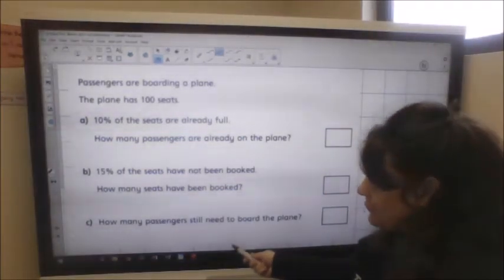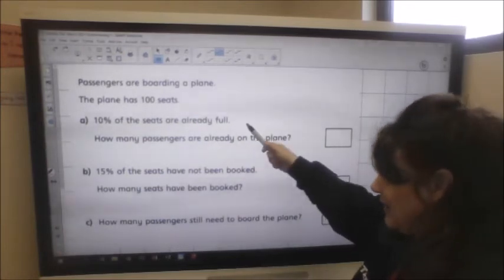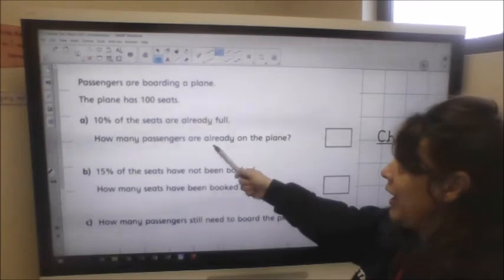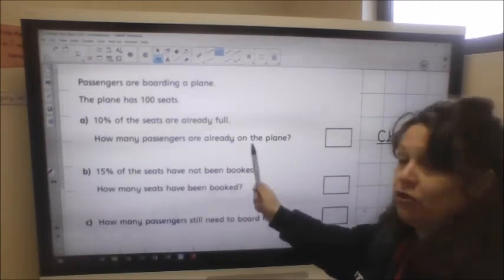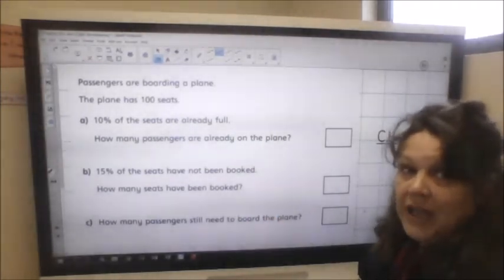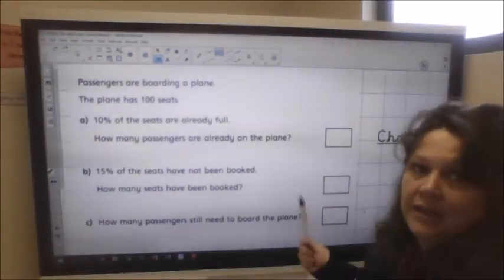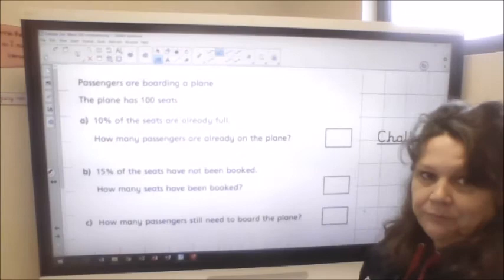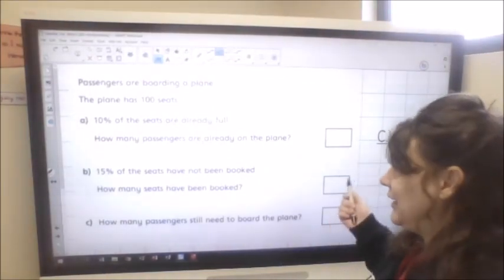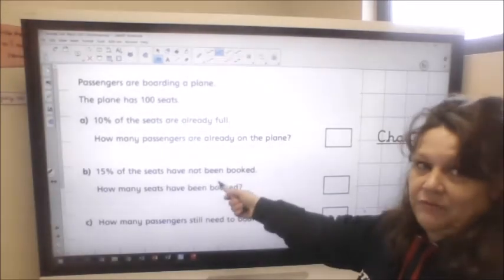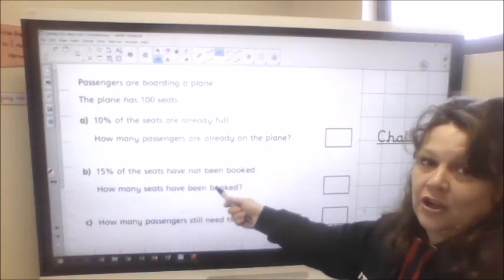And then if 10% are already on, and there's 100 altogether, how many passengers still need to get on the plane? Okay, how many passengers need to get on? And don't forget, you need to think about this because 15% aren't getting on at all.